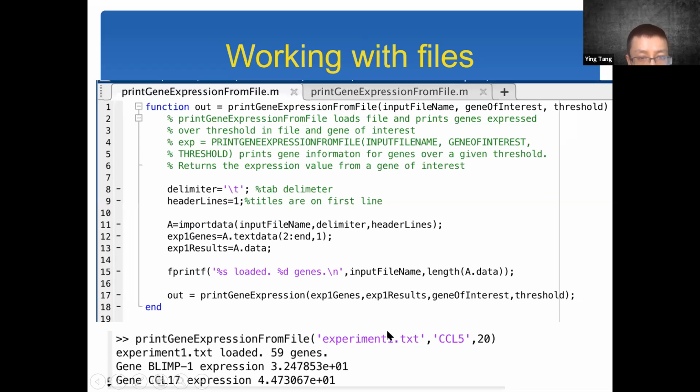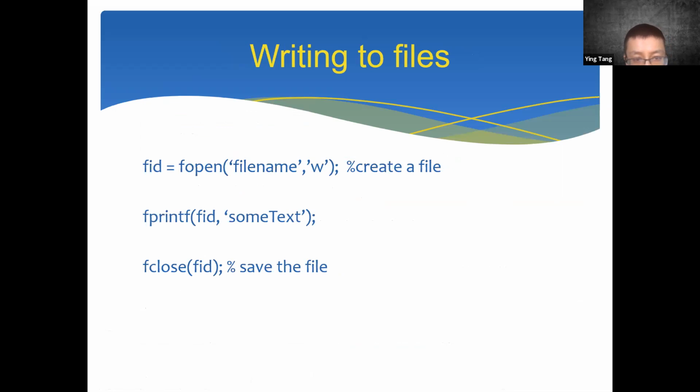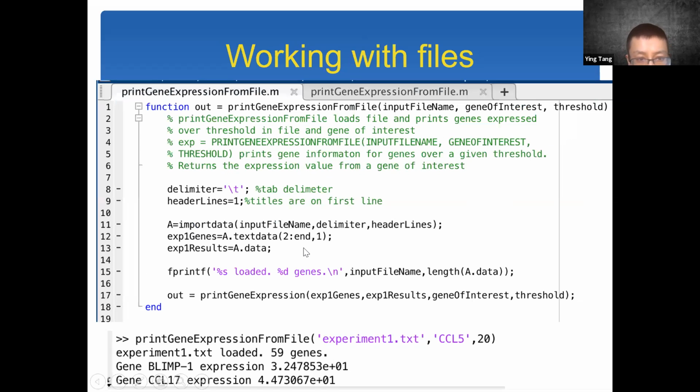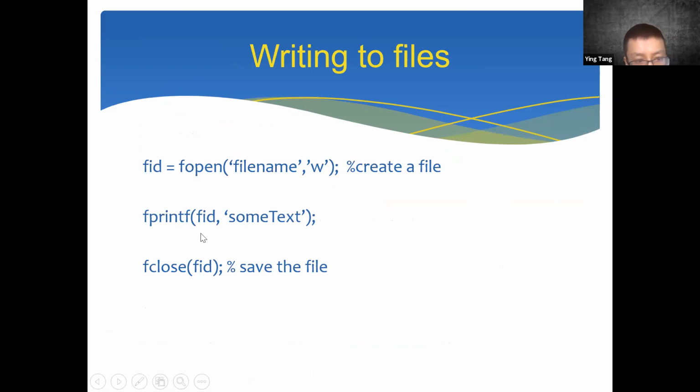Right. So the homework would be to add some code to not only load the file but also write the genes over threshold and the gene of interest into a file. To do that, we need to use some built-in functions like fopen and fclose. This fopen will open a file with a name which is writable, W is writable, and then we will use fprintf to feed some text.